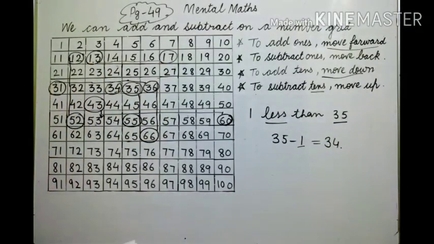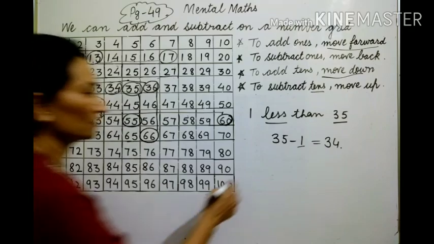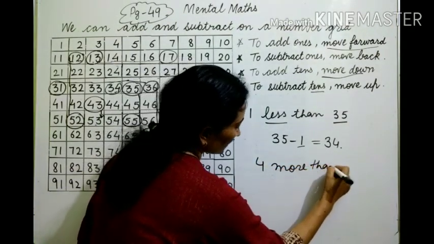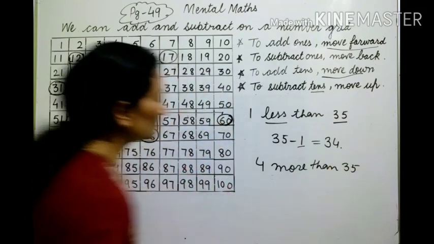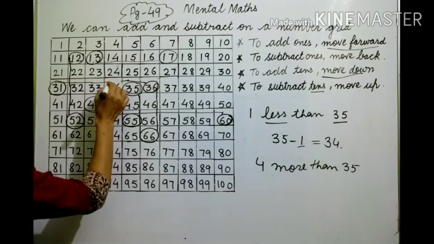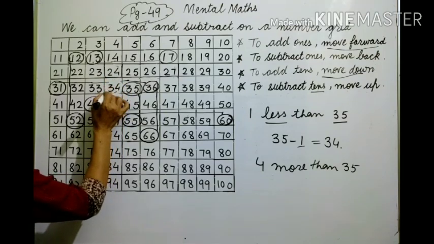Next question is given: 4 more than 35. Means we see where is 35. We can do rough work so that we don't get puzzled.